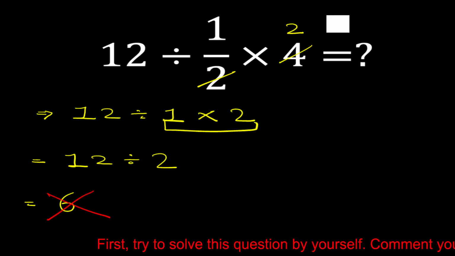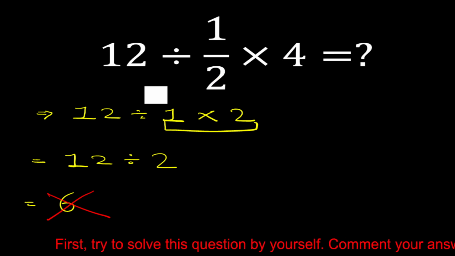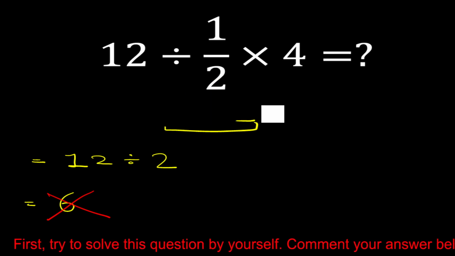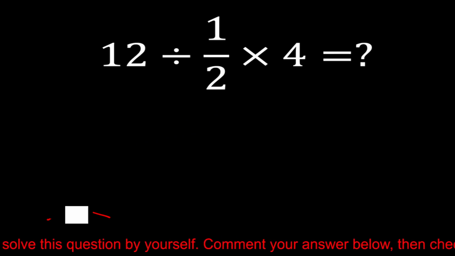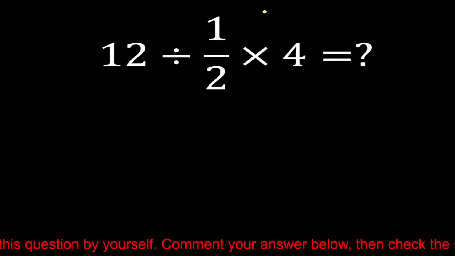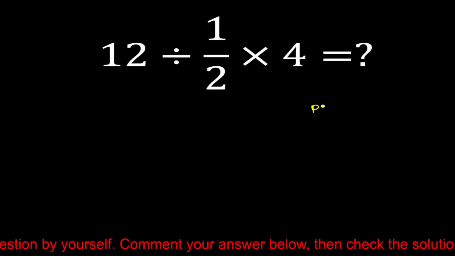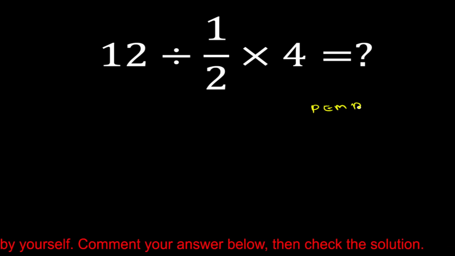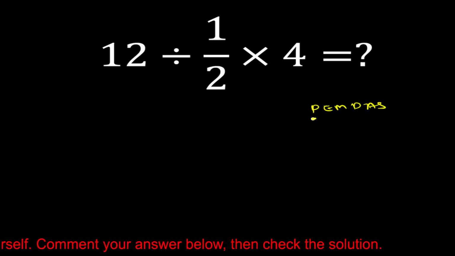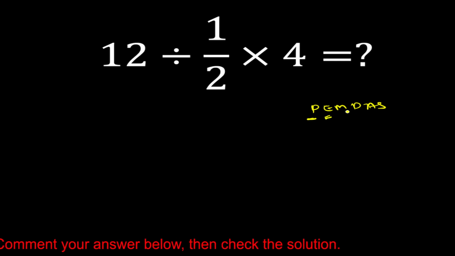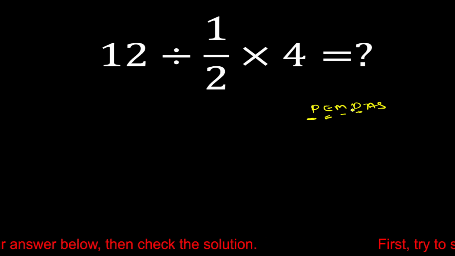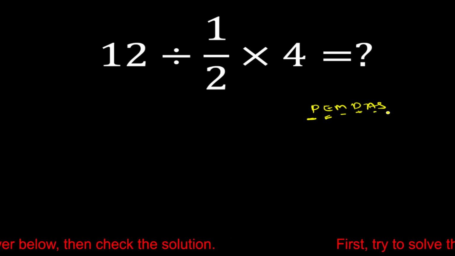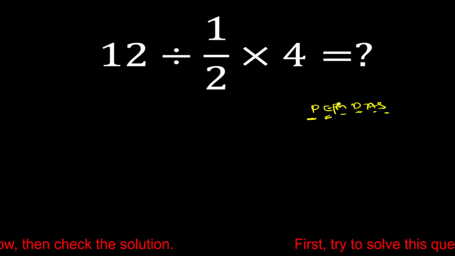Now let's solve this problem correctly by using a PEMDAS rule. Okay. So PEMDAS, P means parenthesis, E means exponent, M means multiplication, D means division, A means addition, and S means subtraction.